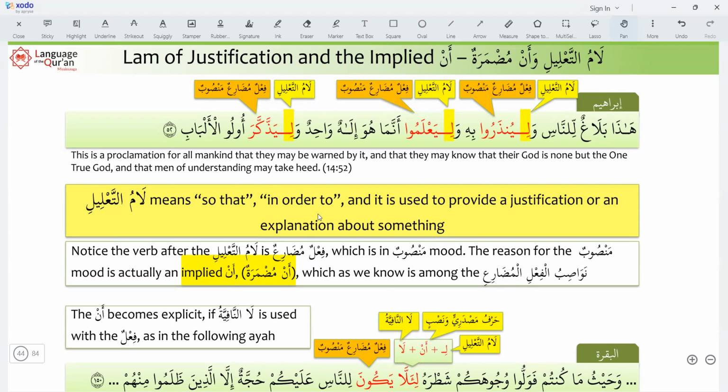When we have to give the justification or explanation about something, then we use this lam. And in this lam, an is already implied. We cannot see the an in this lam, but an is already implied in it. That's why they are giving mansub to the verb.